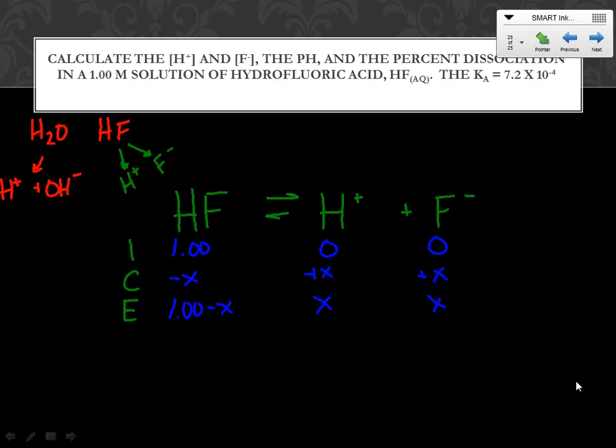If we put this into our law of mass action, we're going to wind up with X squared, because of these two, over 1.00 minus X. And that is going to equal that Ka value of 7.2 times 10 to the minus 4th. And that's what we were given up here in the problem. Okay? So let me do a little erasing here so I have some board space.